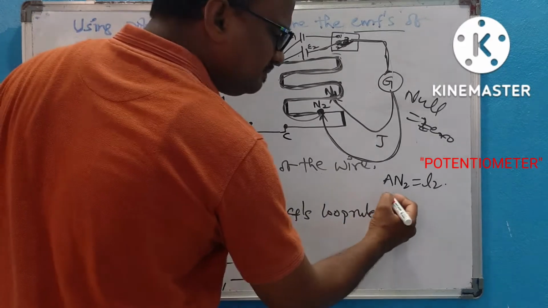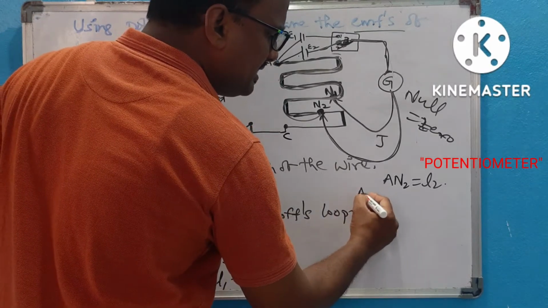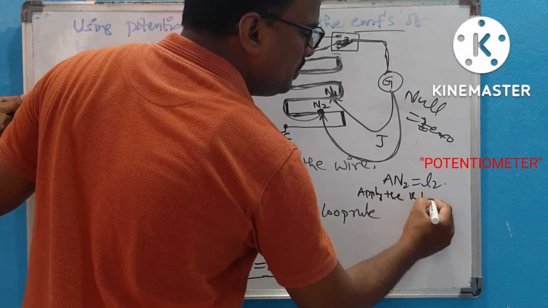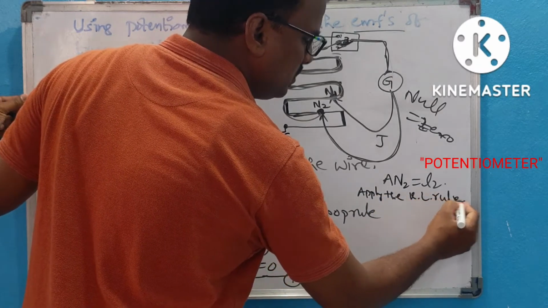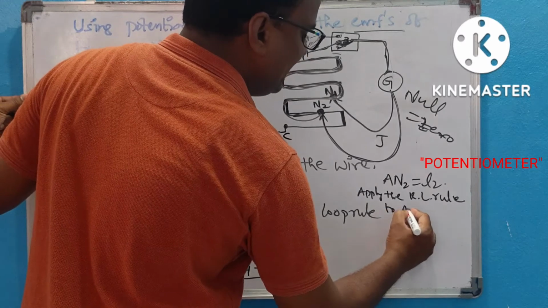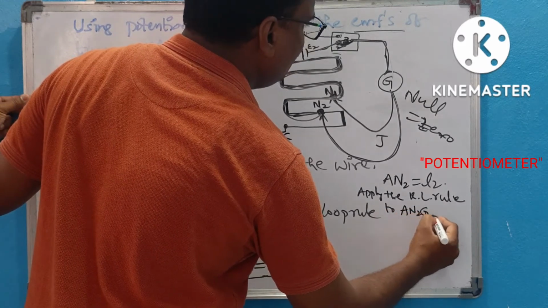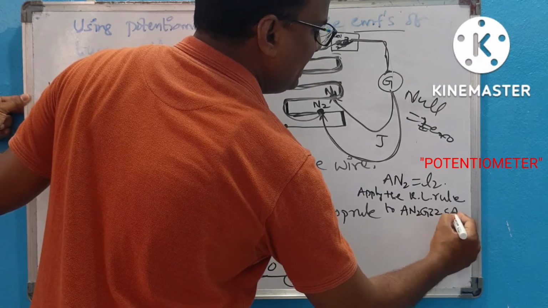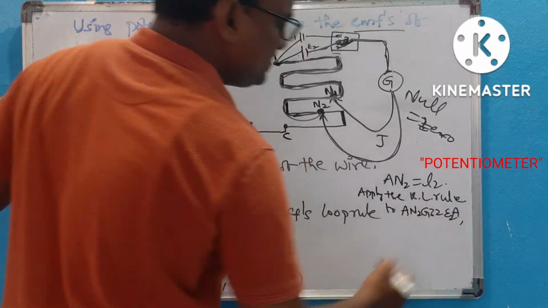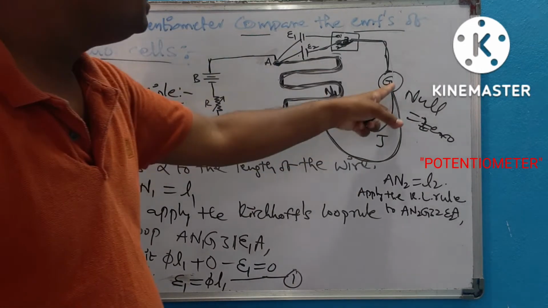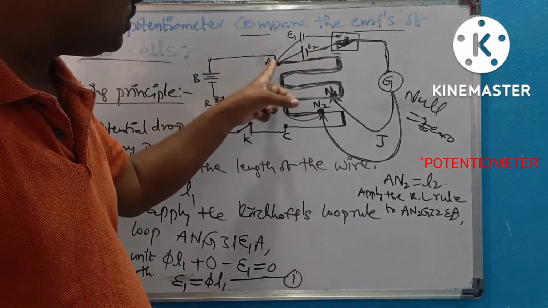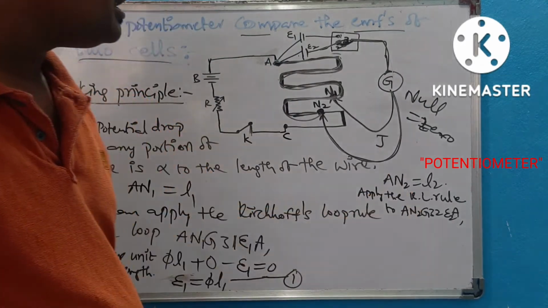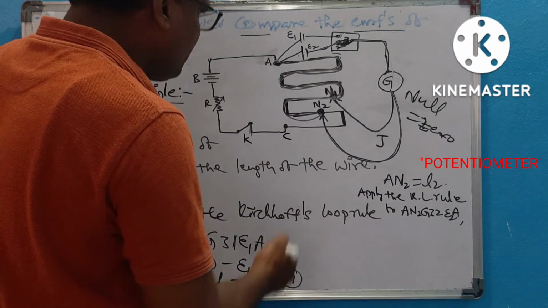So for this closed loop, if we apply the Kirchhoff loop rule, then what do we get?